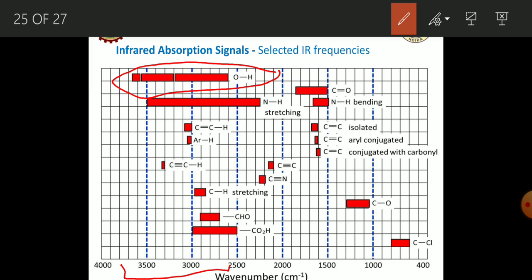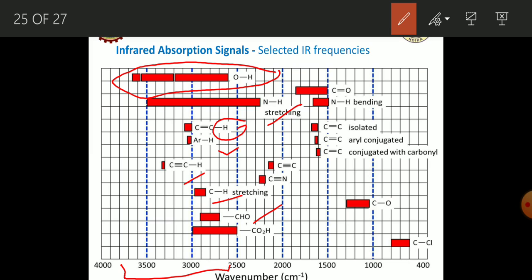The NH stretching comes from 2300 to 3500. The C double bond C stretching frequency is around 3000. The aromatic hydrogen C double bond CH stretching vibration and the C triple bond CH stretching vibration come around 3000 wave number. The CH stretching vibration comes around 2900.